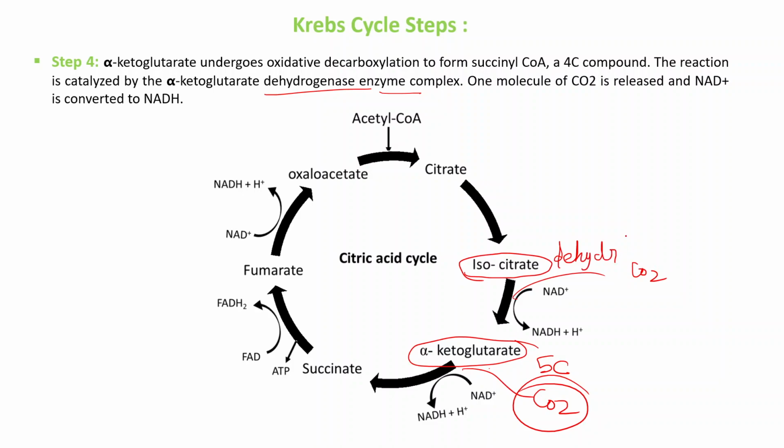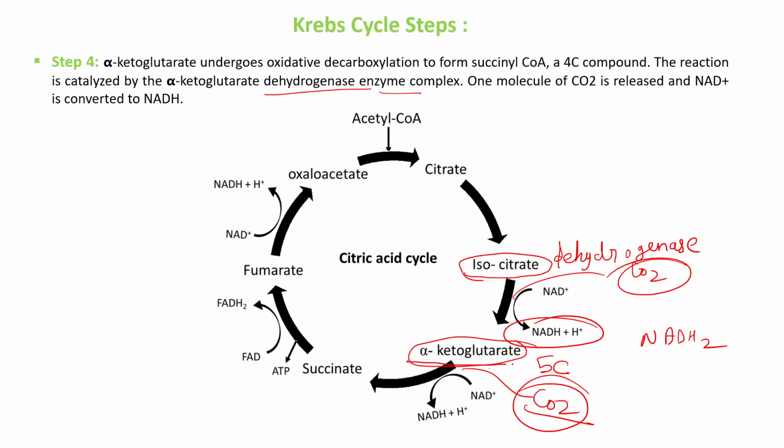Since dehydrogenation is occurring here, a dehydrogenase enzyme is also responsible for the same. NADH2 was formed and CO2 was released. In this 5-carbon compound, CO2 has been released, oxidative decarboxylation occurred, and the dehydrogenase enzyme is responsible.